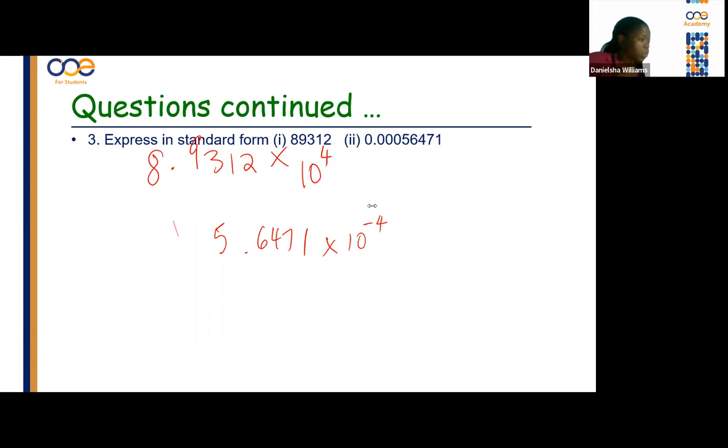Okay, so we are at that time where we close off our session. I do hope that as we have done our final review for now on significant figures and standard form, while doing some of these calculations, you are able to better understand how to write these figures and to do your calculations.